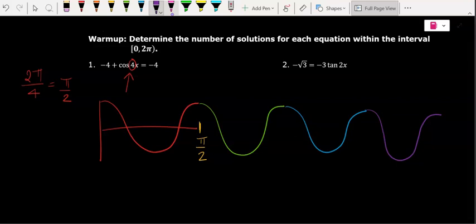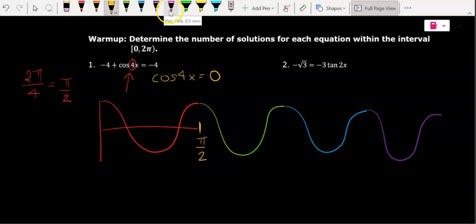And so for this particular equation, if I'm to go ahead and solve this, I'm going to have cosine 4x is equal to 0. So what I need to figure out is how many times does cosine equal 0 between 0 and 2 pi? Well, cosine equals 0 between 0 and 2 pi twice.